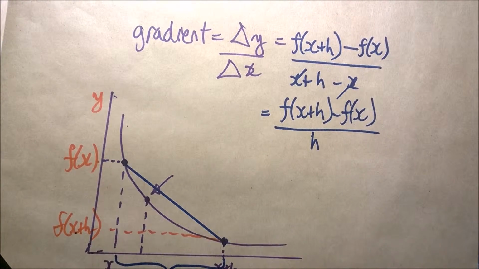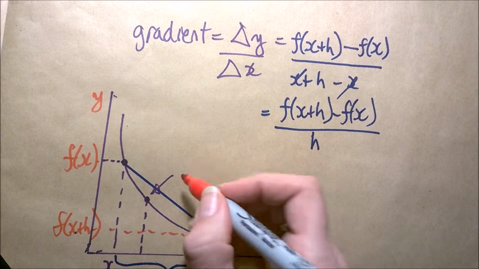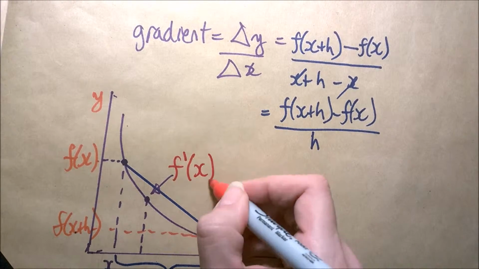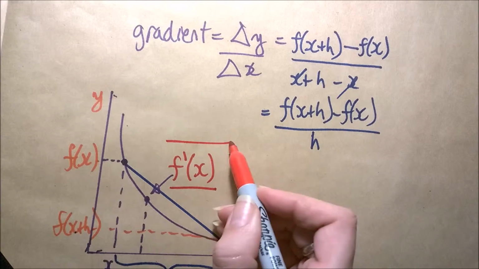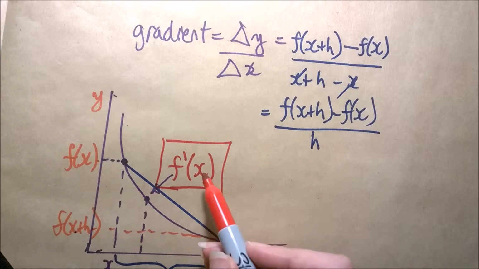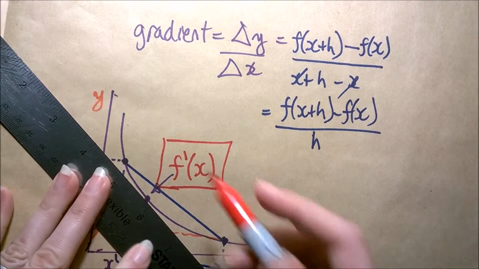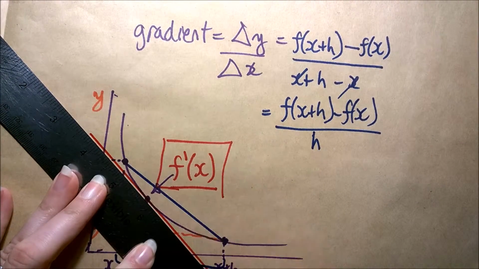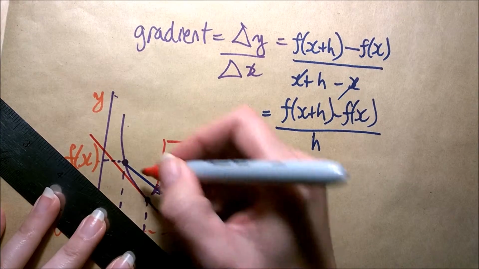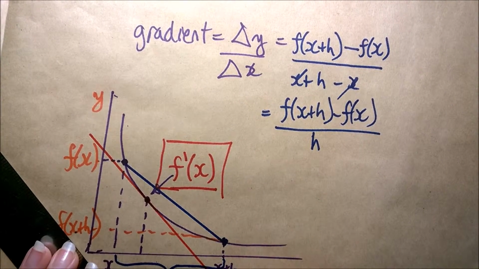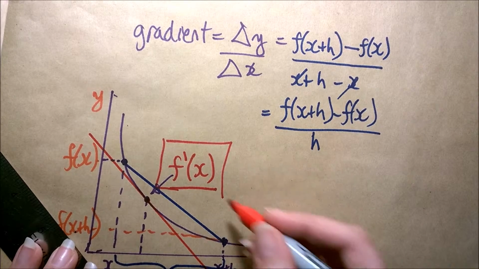But if we want the instantaneous rate of change at this point, what we're after is this thing. That's the instantaneous rate of change. So how do you get that gradient of the tangent? The gradient of this tangent line is this.